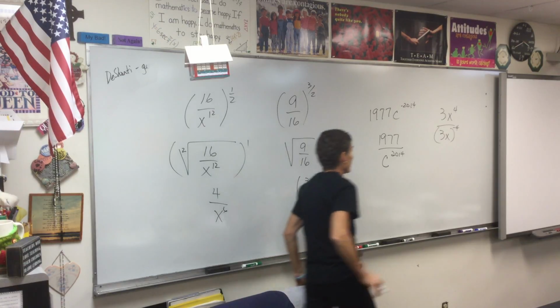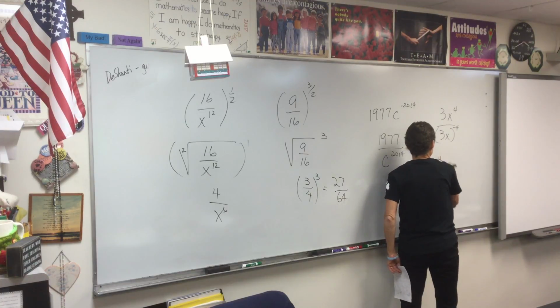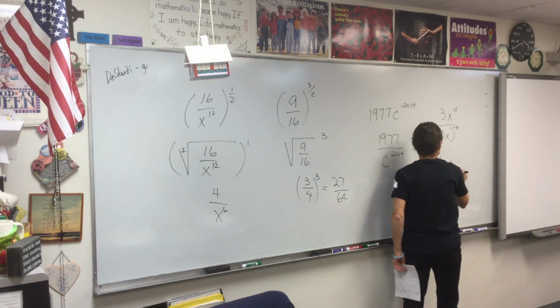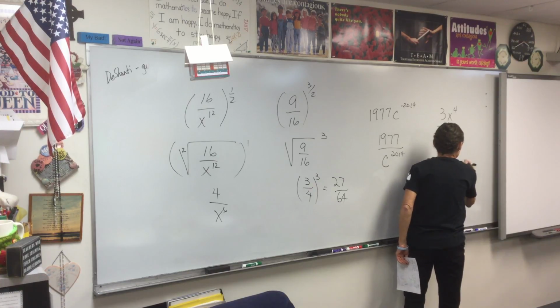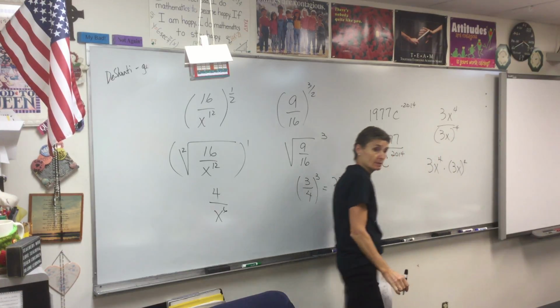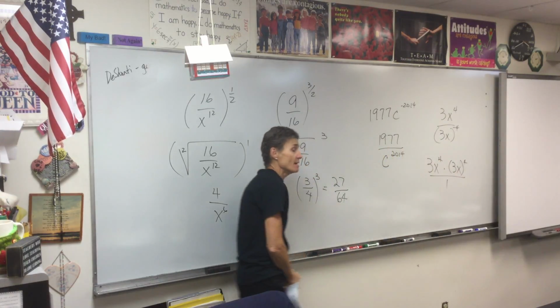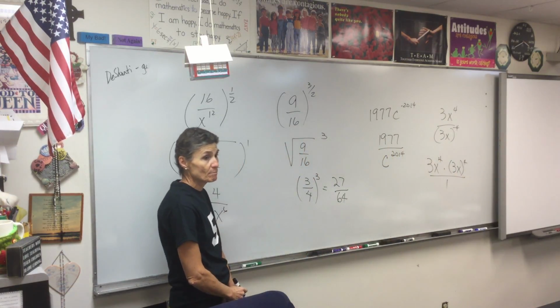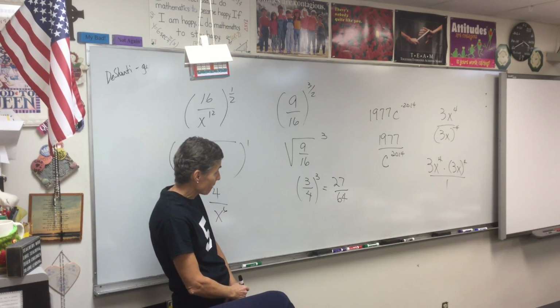Okay, so this guy is going to go to the top. So the 3x to the 4th is going to stay there, and then I'm bringing up the 3x to the 4th because it has a negative exponent, and things with negative exponents move. Since it's in the denominator now, we'll take it to the top.